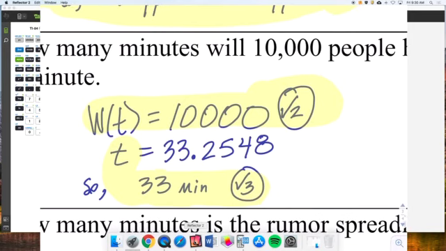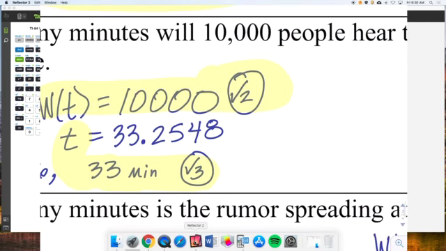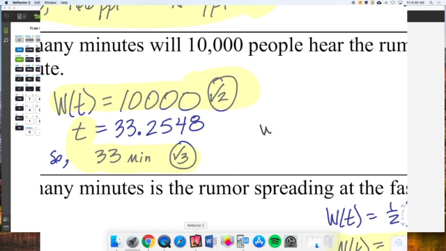So notice what I did. I said, so 33 minutes. If you write down the 3 decimals, you could then put is approximately 33 minutes. Or you don't even have to write the 33.254. You could just say T equals 33 minutes. So that was another check for having T equals 33 minutes, and the units, if you have them. Here's what you don't want to do. Some people did W of 33 equals 10,000.